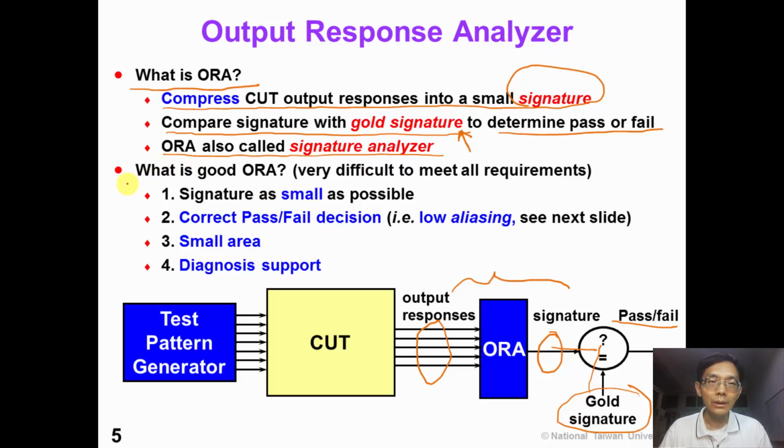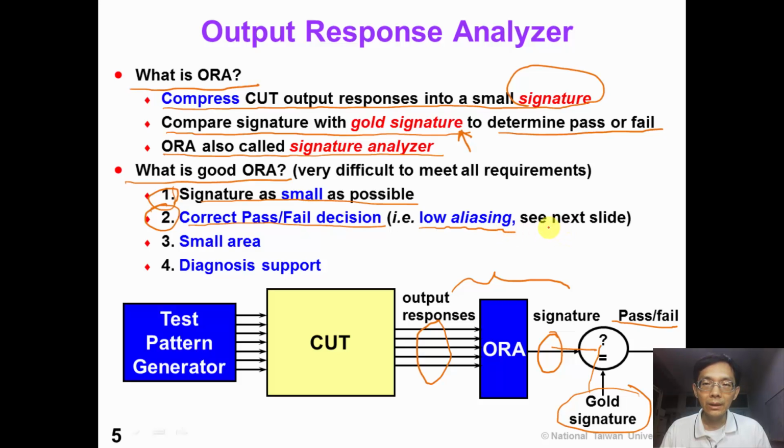So, what is a good ORA? First, the signature must be as small as possible so that it can be stored on chip. Second, it must make a correct pass-fail decision. That is to say, there is very small possibility of aliasing.